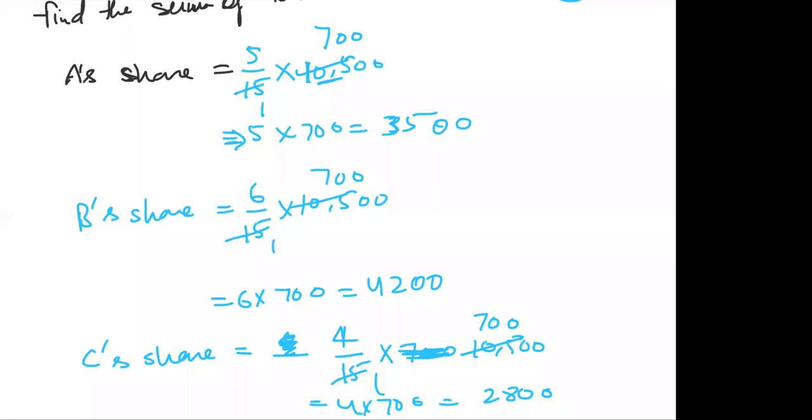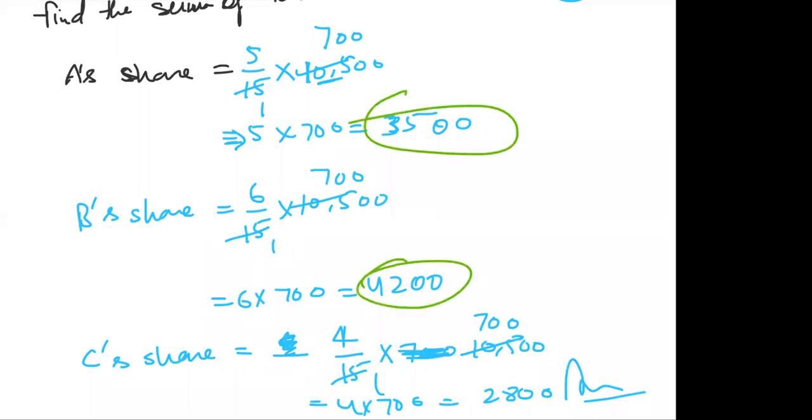So this is the answer. A's share is rupees 3,500, B's share is rupees 4,200, and C's share is rupees 2,800. This is the answer. Fine.